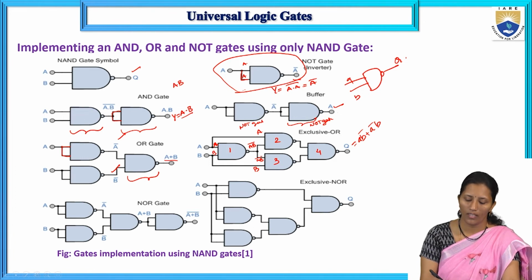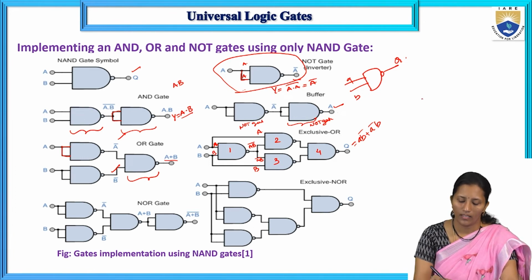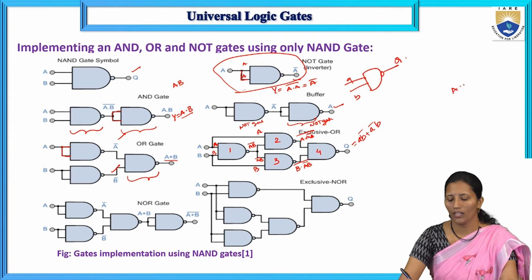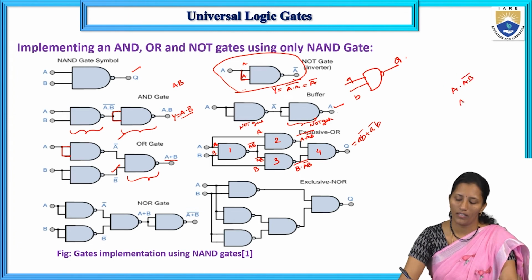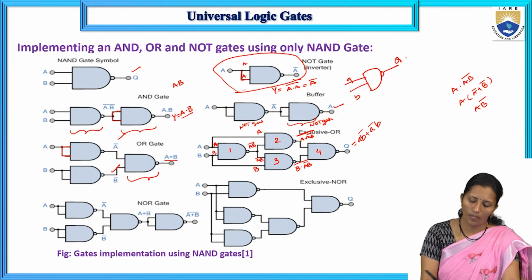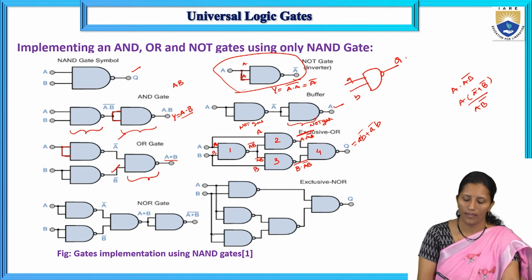So this NAND gate gives A into (AB) bar, whole bar, and this one gives B into (AB) bar, whole bar. If we see A into (AB) bar, this is equal to A into (A bar plus B bar), by De Morgan's law, since (AB) bar is equal to A bar plus B bar. A into A bar is 0, and we are going to get A B bar here, with the whole bar.